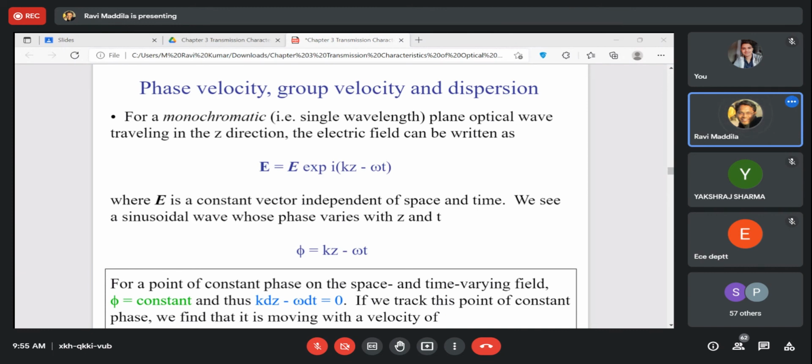And t here represents the time. So what is the behavior of an optical signal as it propagates with an angular frequency omega at certain time t in a direction z with a wave vector k. That is the significance of this.